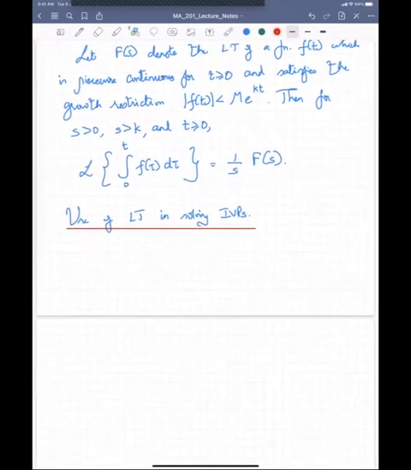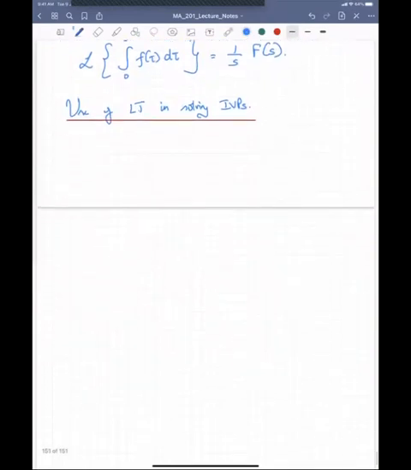How will I use the Laplace transform to solve initial value problems without having to go through the homogeneous equation, the general solution, and so on and so forth? And these are, of course, watertight methods and ones that you should not forget. But in many cases, the Laplace transform actually makes your problem much, much easier, in cases where the inverse of the Laplace transform can be guessed without too much trouble.